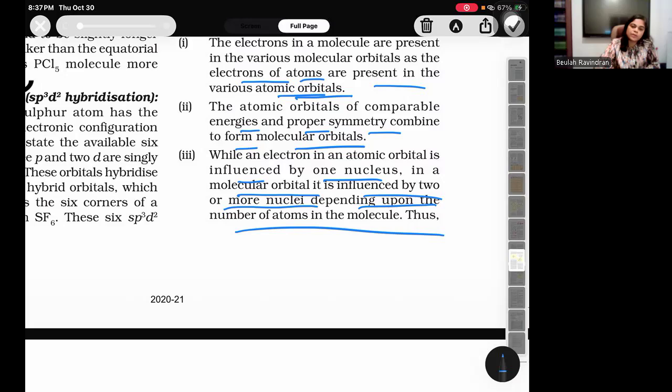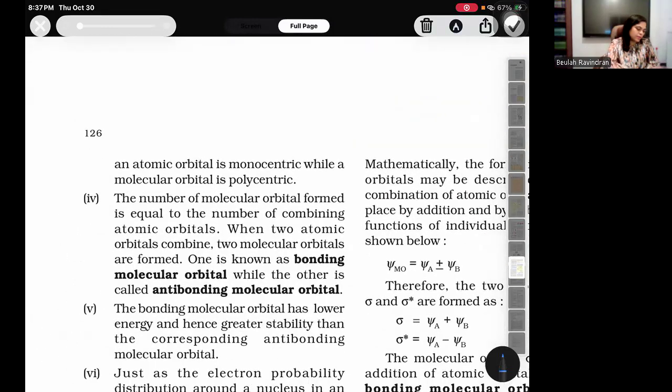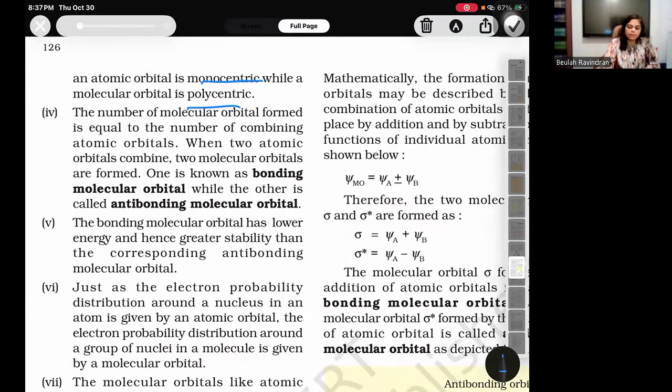Here, since the molecule is combined with two or more atoms, multiple nuclei are there. So this makes an atomic orbital monocentric and a molecular orbital polycentric. Got it? This point is very important and easy to understand.